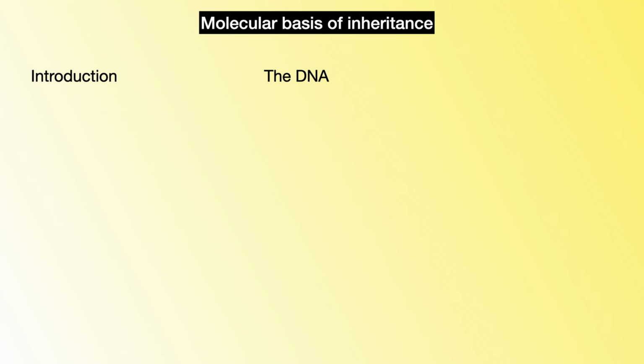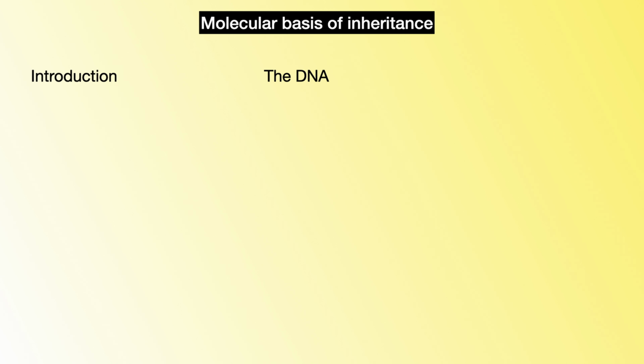A nucleotide has three components. 1. A nitrogenous base. 2. A pentose sugar. Ribose is present in the case of RNA and deoxyribose is present in the case of DNA. Third is a phosphate group.